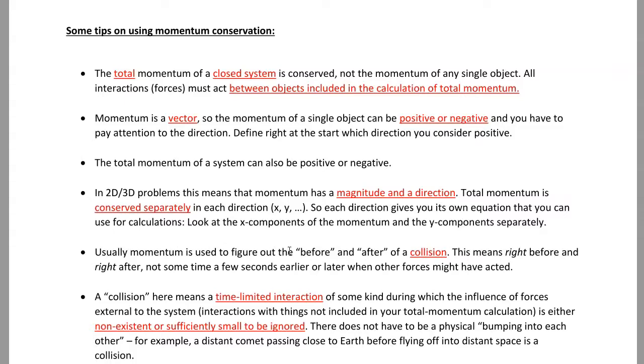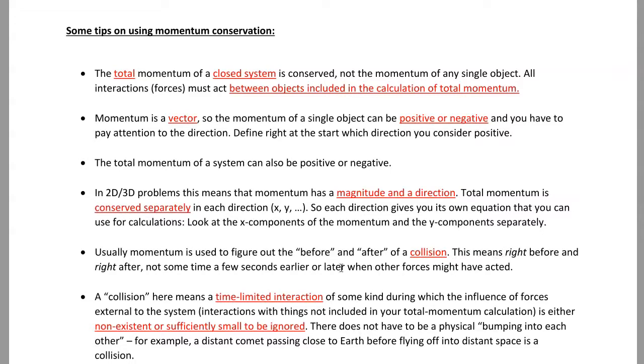Usually, momentum is used to figure out the before and after of a collision. Right? By collision, I mean a violent interaction that lasts for a short amount of time. Notice though, before and after here means right before and right after. Right before the truck and the car crash, what are their respective momenta?